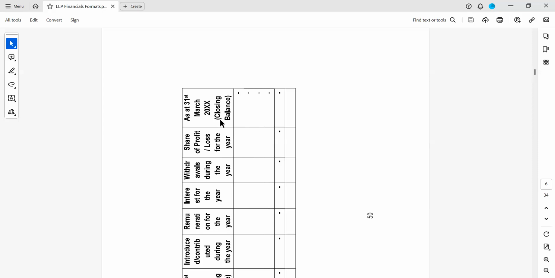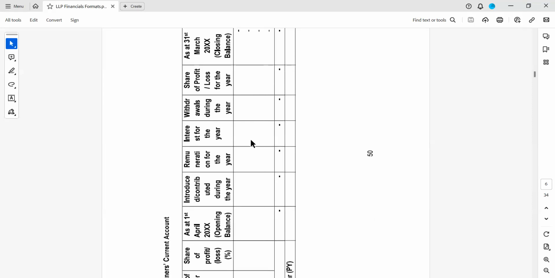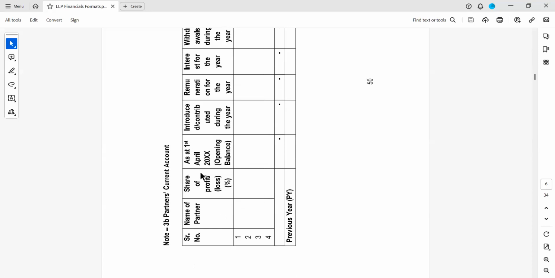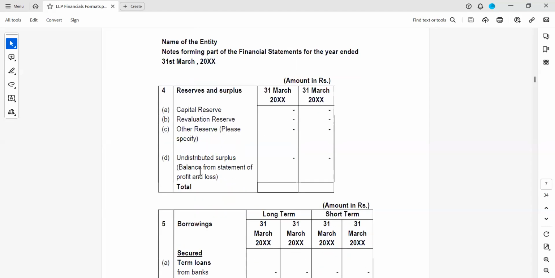Usually we do it in a vertical form. Here they have shown it in a horizontal form. That is the only difference. Otherwise, this is regularly what we do for partnership firms. The same thing is being shown here. And here they are saying current account. So there is a fixed capital and this is the partner's current account.